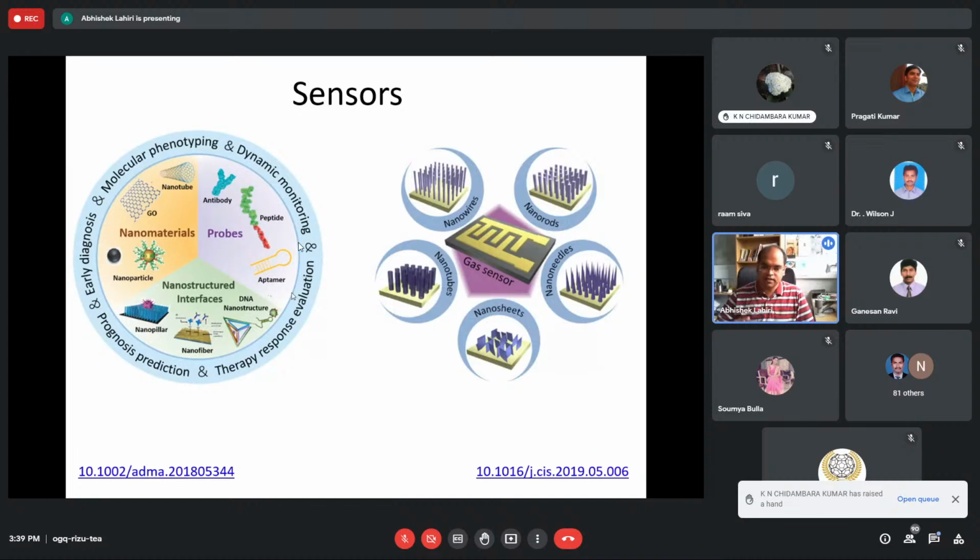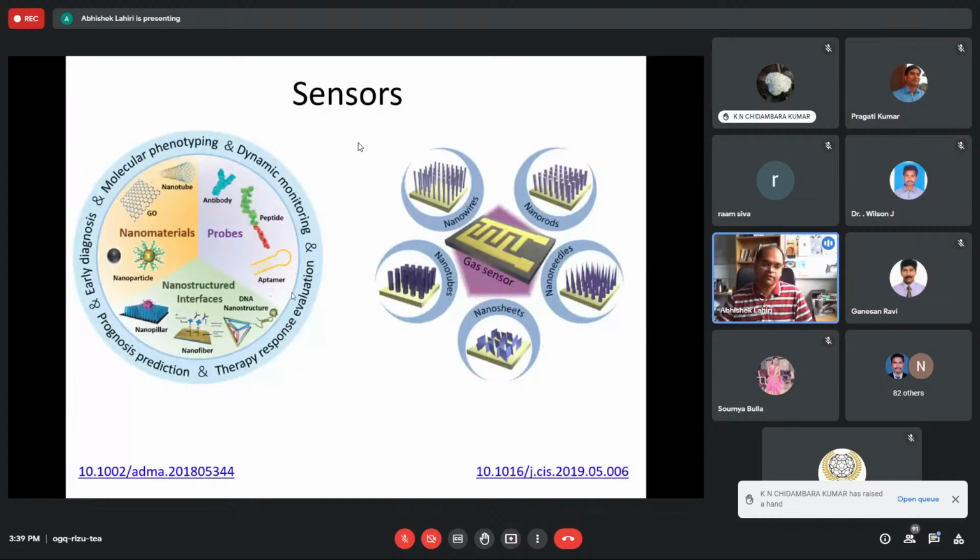For example, here in the room we have a fire sensor. If there is smoke, we have a smoke detector. Smoke detectors are nothing but sensors. There can be biosensors, which are absolutely vital, especially in the COVID times. One can think of developing very quick sensors for COVID detection.